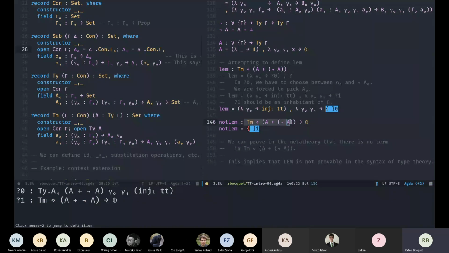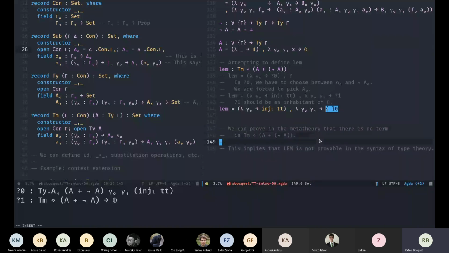Okay, so I prove that assuming that we have such a term, we derive a contradiction.